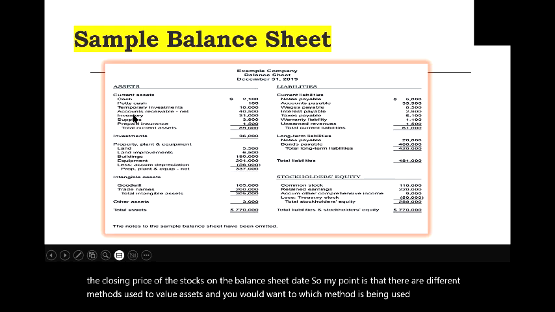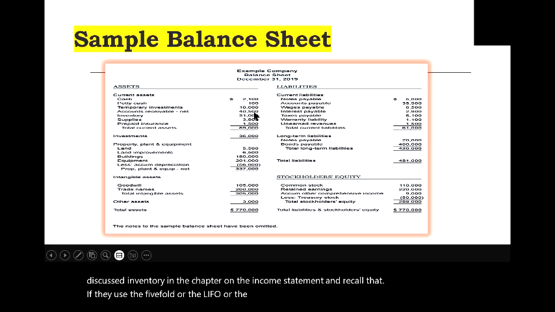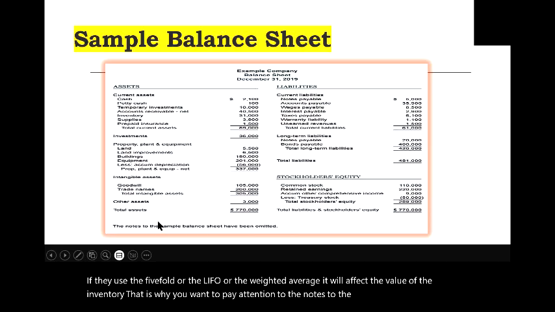We briefly discussed inventory in the chapter on the income statement, and recall that if they use the FIFO or the LIFO or the weighted average, it will affect the value of the inventory. That is why you want to pay attention to the notes to the financial statements.